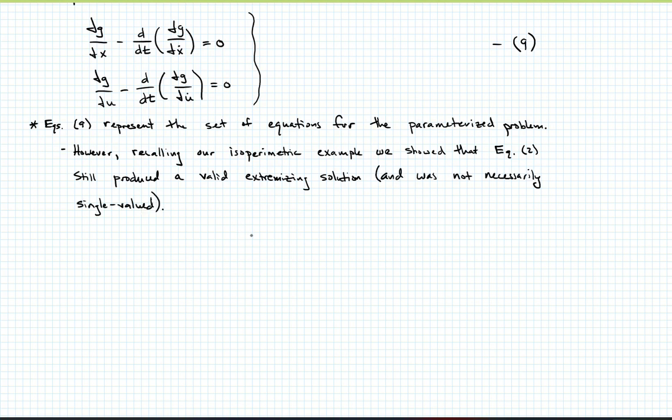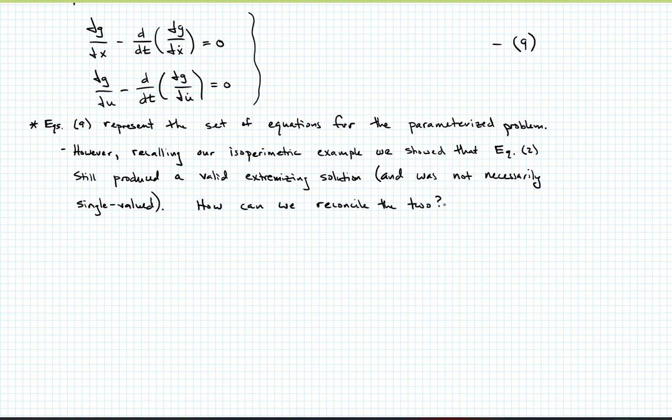So again, equation 9 is all well and good, but how do we reconcile the fact that equation 2 got us a solution as well? There are certainly cases where we would just want to begin with equations 9 and proceed with the solution. But we want to understand how equation 2 still produced a correct solution and how we can reconcile this. So that's the question we want to answer now.